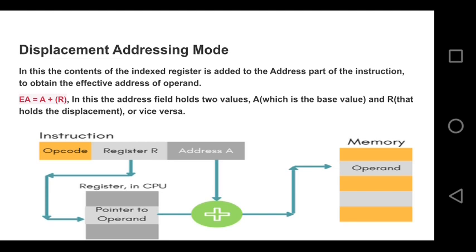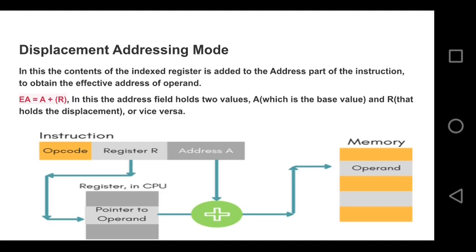So here we make use of a special type of registers called index registers. So the effective address is the address mentioned in the index register plus the address mentioned in the instruction.